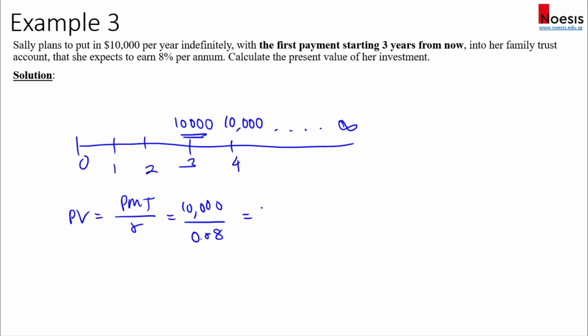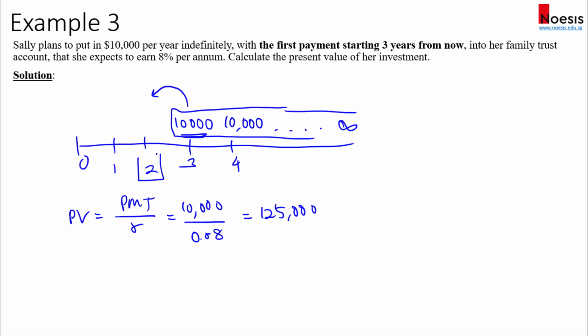The result would again be 125,000, but the significance here is that it takes the cash flow from year 3 onwards and discounts all these cash flows back to the previous year, which in this case is year 2. So this 125,000 is at year 2.